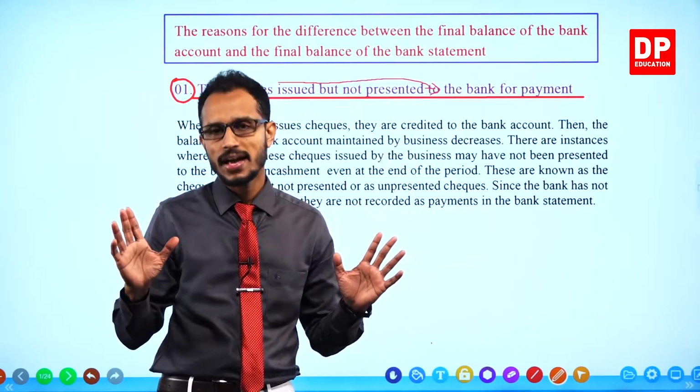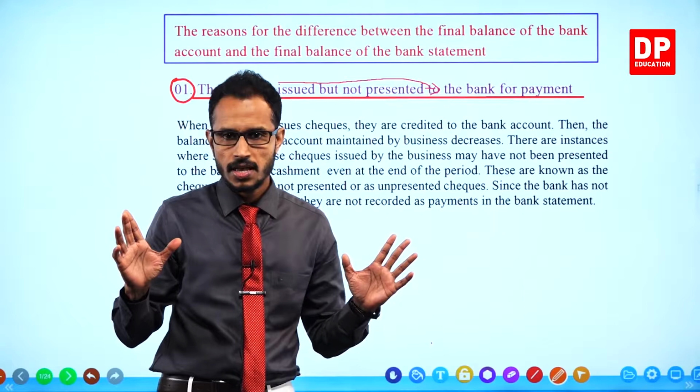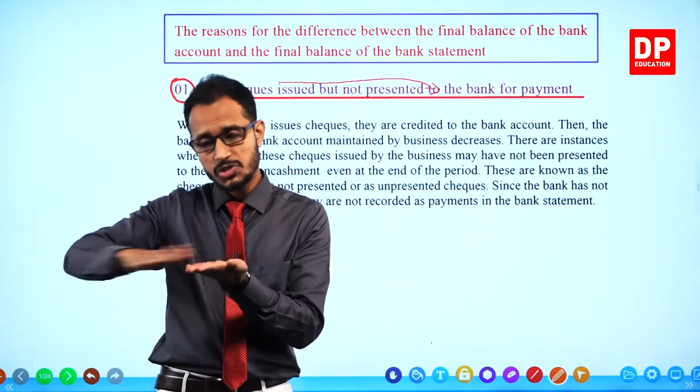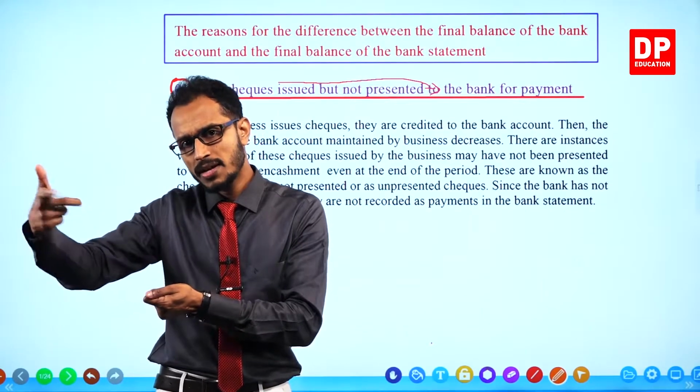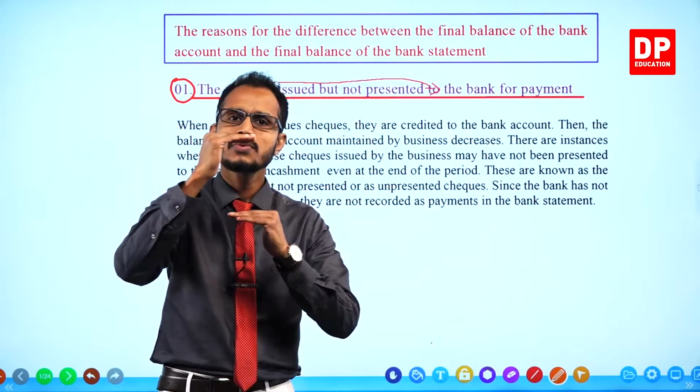Got it? Because these are checks issued, it means our money goes out, or the current account balance decreases.